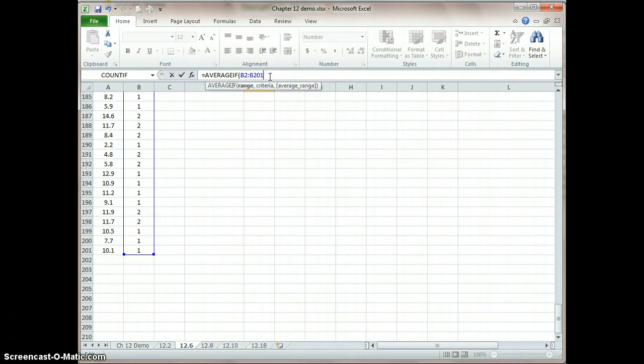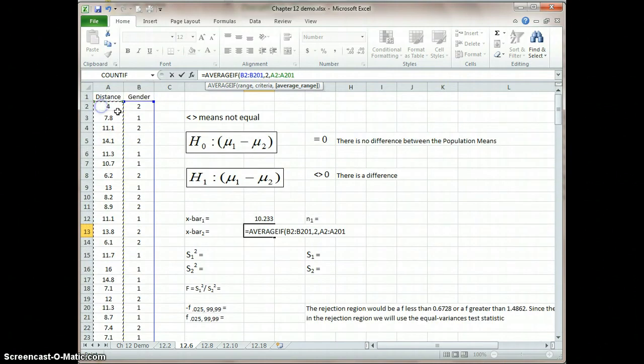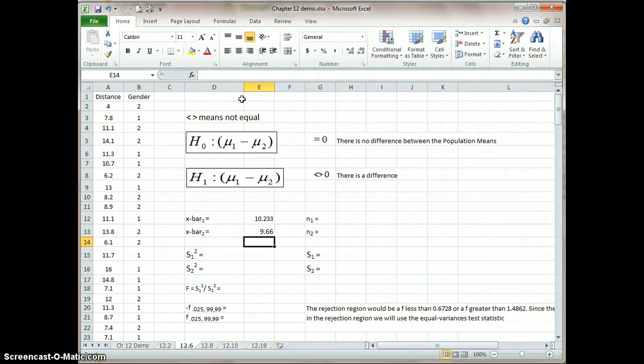The criteria this time will be 2, so females, and then for the last parameter, the average range, that's column A, the distance, and we can close the parentheses, and in that case the average miles is 9.66.